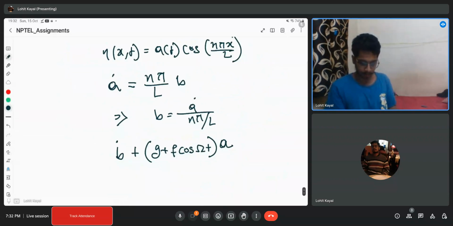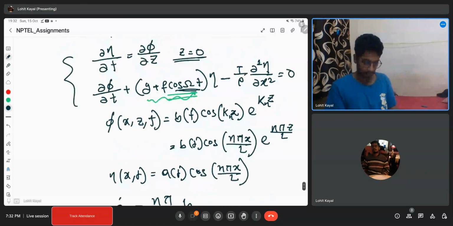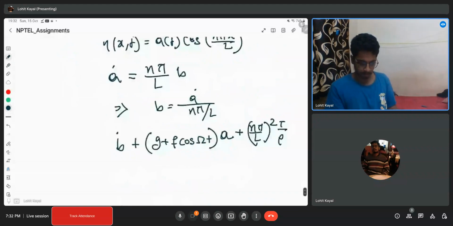So I will simply get n pi by L whole square, T by rho into A, is equal to 0.